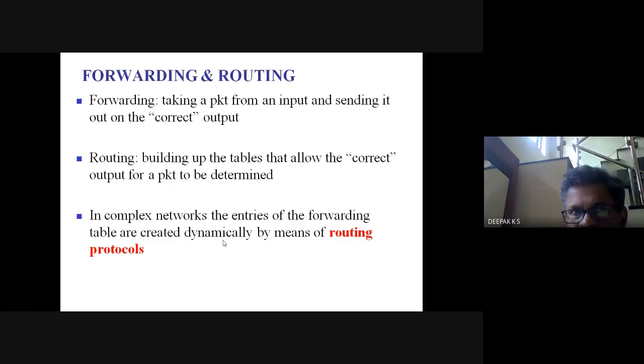Routing means the whole path. You start from your college and you go to a particular destination. The whole path is the route. Whereas at a particular junction, which point you have to turn, that is the forwarding. So the routing table entries have to be updated by routing protocols.